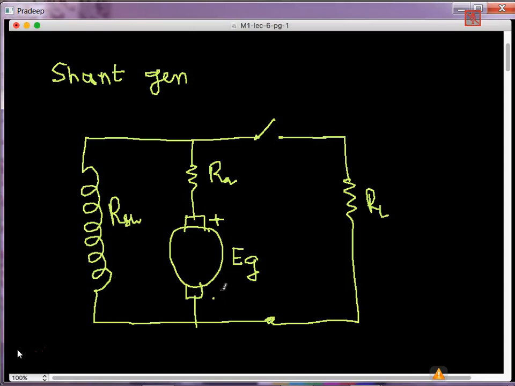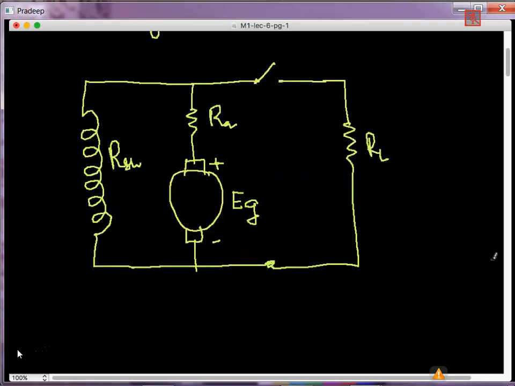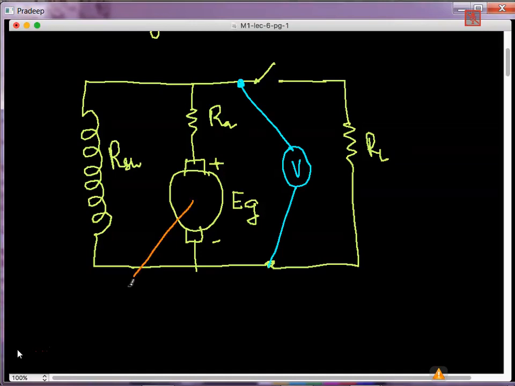Now to measure the voltage, I connect a voltmeter across the terminals of the armature to find out what the voltage is. On the mechanical side, there is a shaft coming out of the machine, and then there is a prime mover.